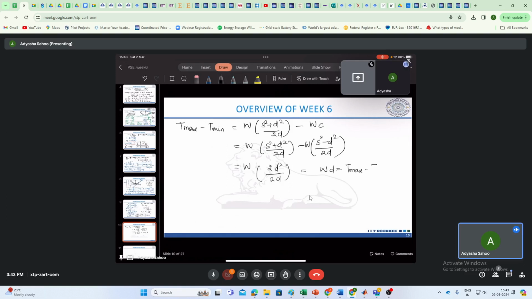So T max minus T min is w times d, if you consider your catenary curve.